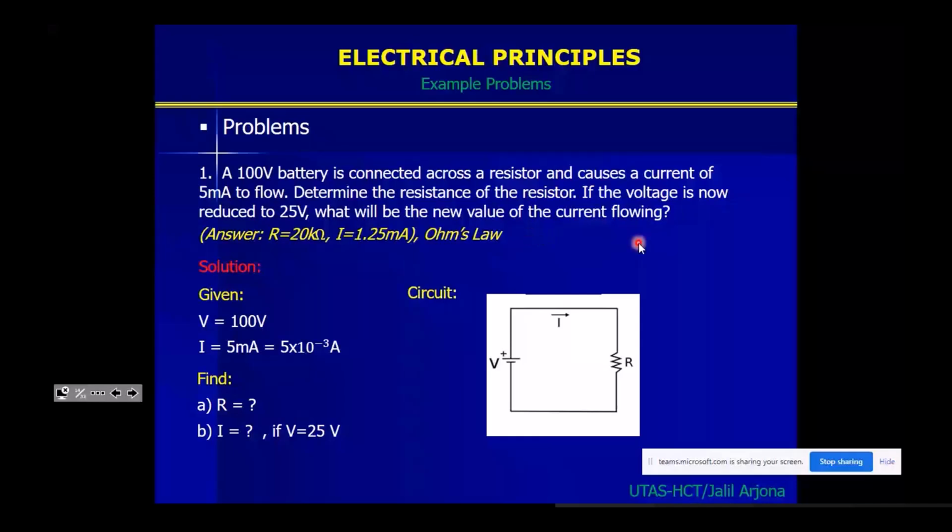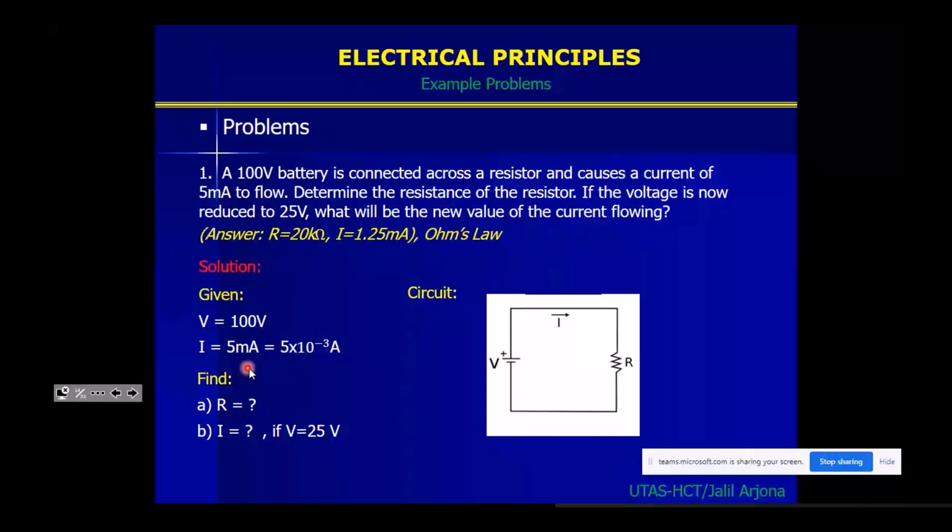So looking into the circuit, it describes this circuit. There's voltage, resistance, and current. In the given problem, it states 100 volts battery, so this is the DC source. This is our V. And continuing the statement, there's a mention of flow, so that is I, the flow, which is equal to 5 milliampere.